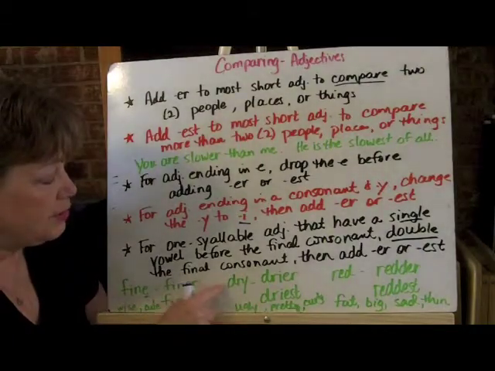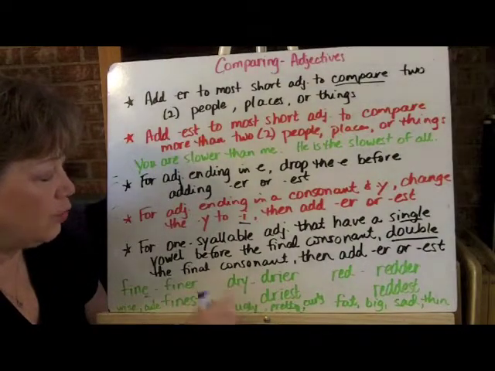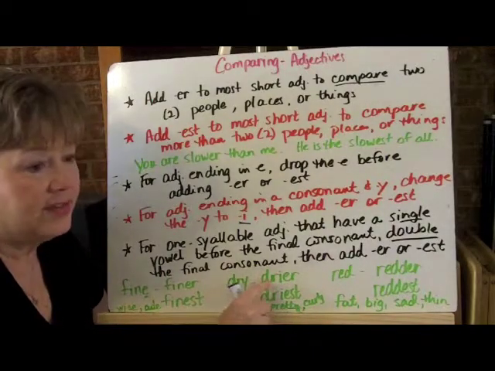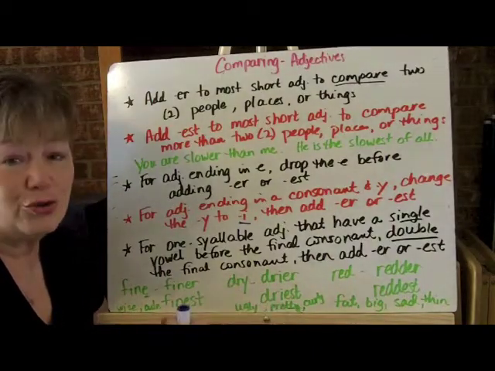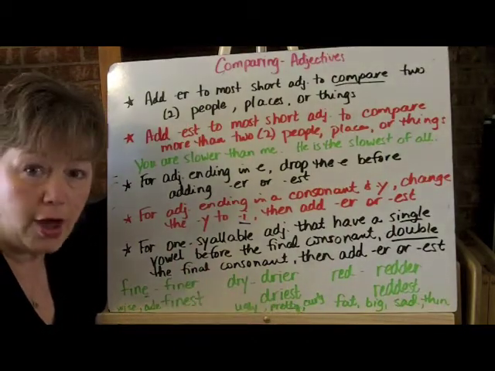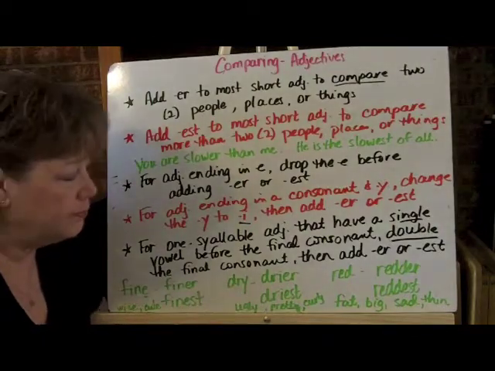My example down here is the word dry. It ends in a consonant and a Y. So I've dropped the Y, and my shirt is drier than your shirt, but in the whole load of laundry, your mother's shirt is the driest of all.